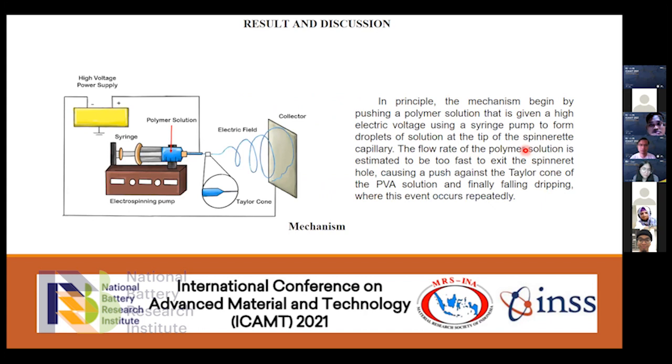And the last is the mechanism. In principle, the mechanism begins by feeding a polymer solution that is given a high voltage powered by the flyback-based power supply, using a syringe pump to form droplets of solution at the tip of the spinneret capillary.